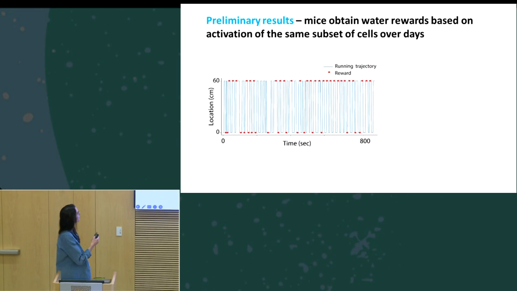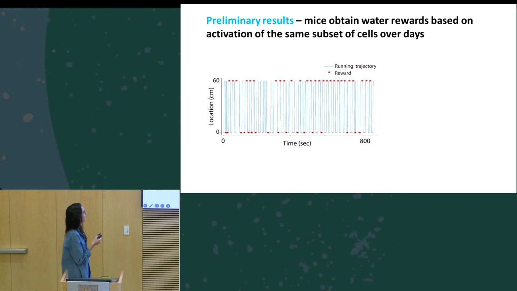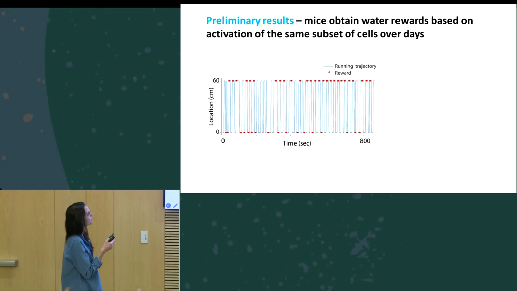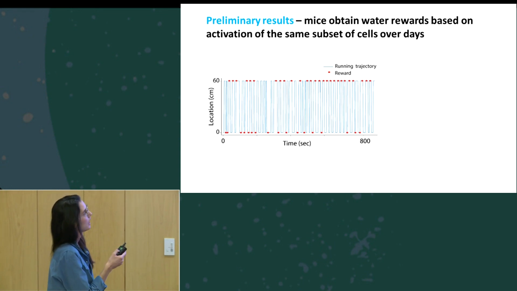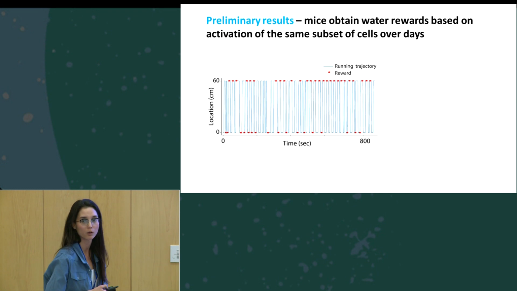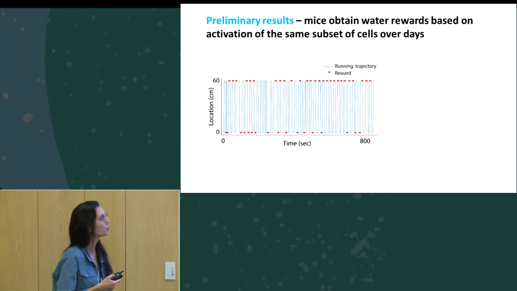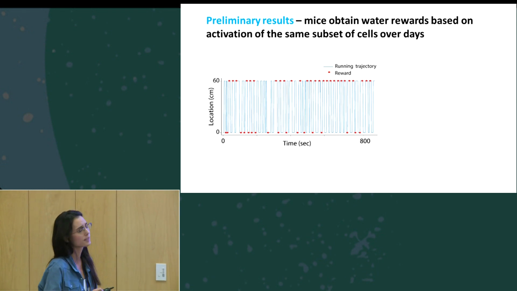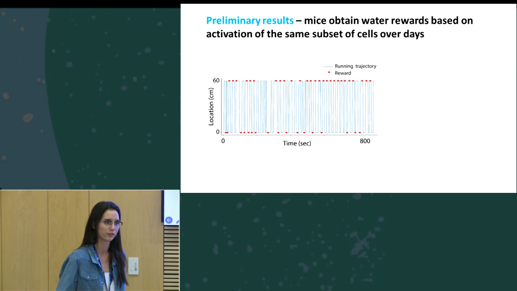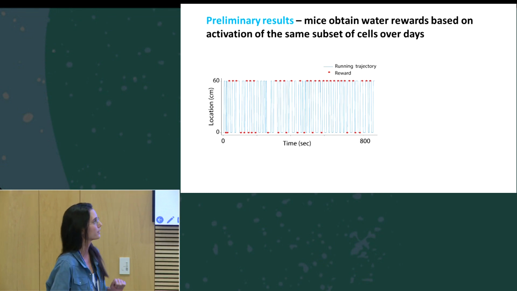So in this graph, you can see a time course of an entire recording session, where the line here is the running trajectory of the mouse, and the red stars are where it received its reward. So you can see that in approximately 60% of the edge visits, it received its rewards.